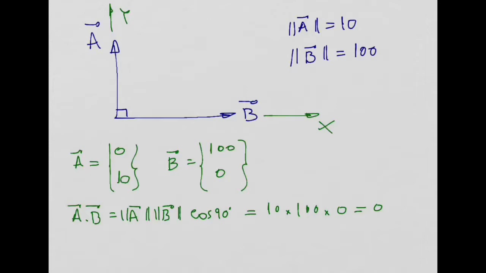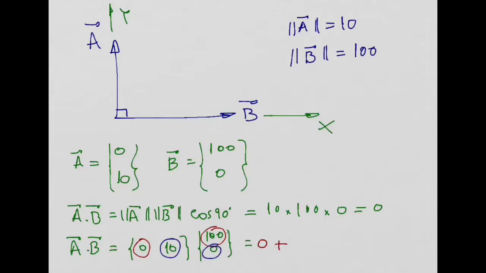If I do the internal product of A with B by using the components of the vectors, I will have vector A transpose, 0, 10, and vector B, 100, 0. The result is going to be what? This times this, which is 0, plus 10 times 0, which is 0 as well. The result is also 0. Correct, right?